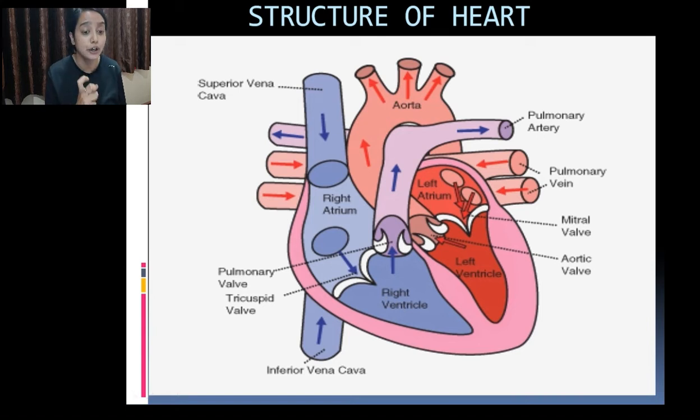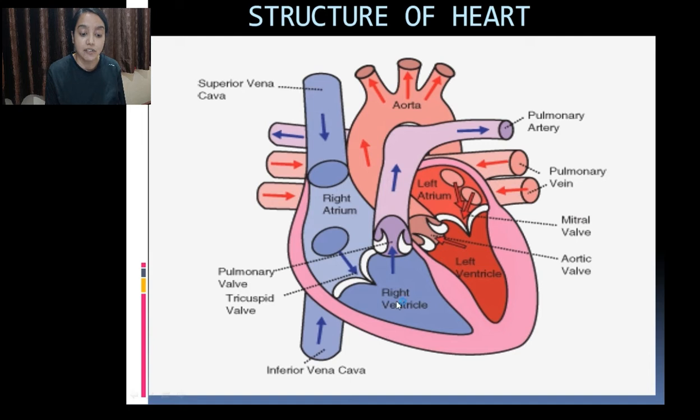It acts like a door to send the blood from the right atrium to the right ventricle. This valve is called the tricuspid valve, and between the left atrium and left ventricle there is also a valve. This valve is called the mitral valve. The mitral valve is also called the bicuspid valve.